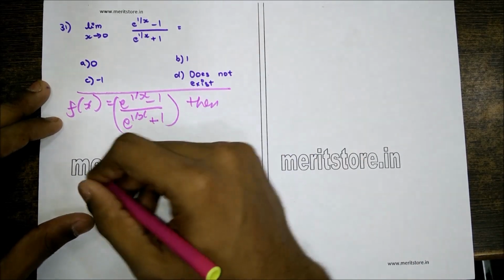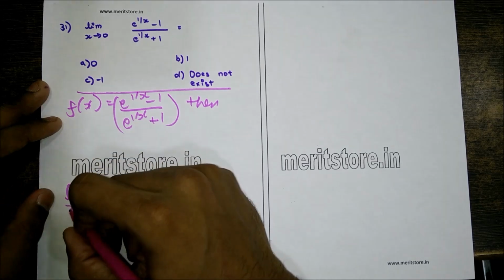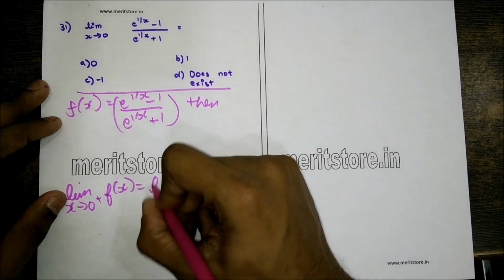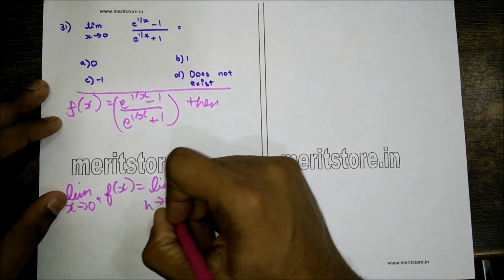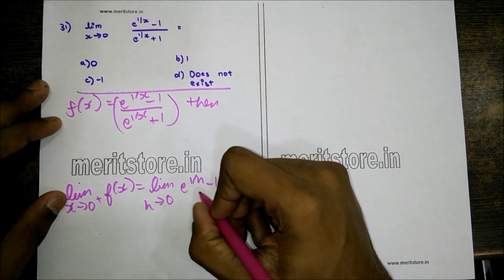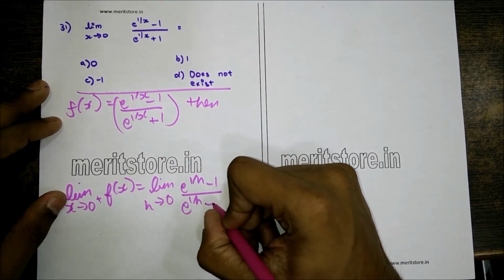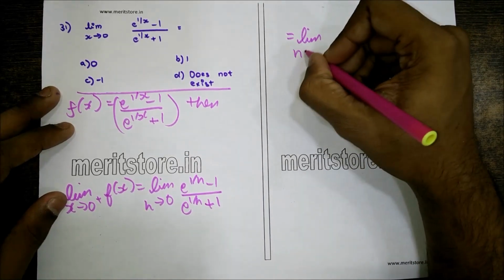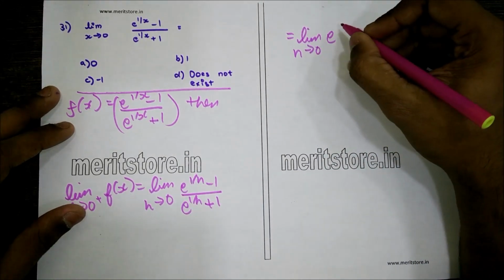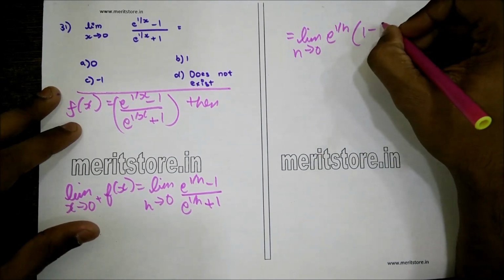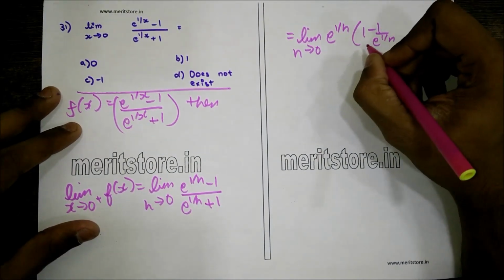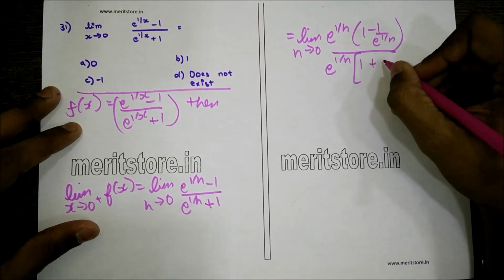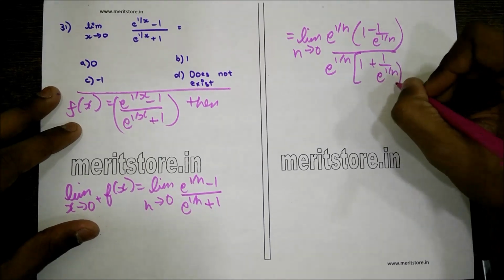Then we could say limit of x tends to 0 on the positive, f of x equals limit of h tends to 0 (e raised to 1 by h minus 1) upon (e raised to 1 by h plus 1), which gives us limit of h tends to 0 e raised to 1 by h into (1 minus 1 by e raised to 1 by h) upon e raised to 1 by h into (1 plus 1 by e raised to 1 by h).